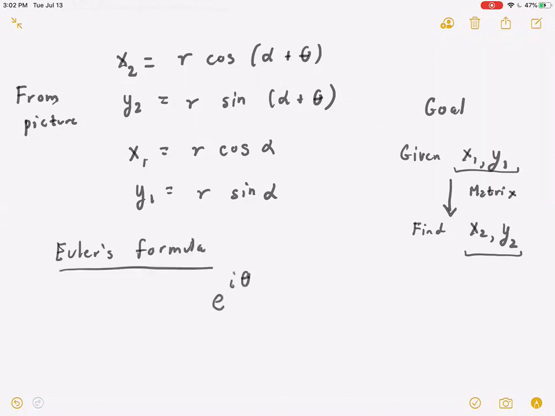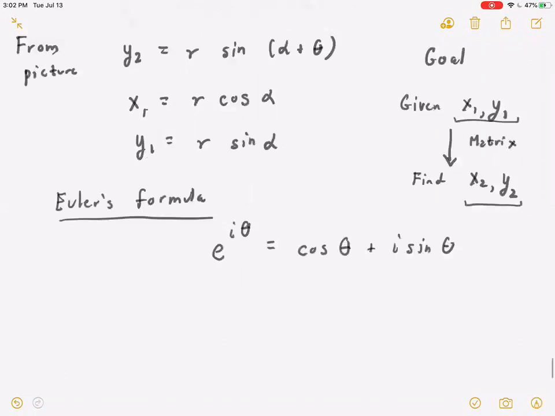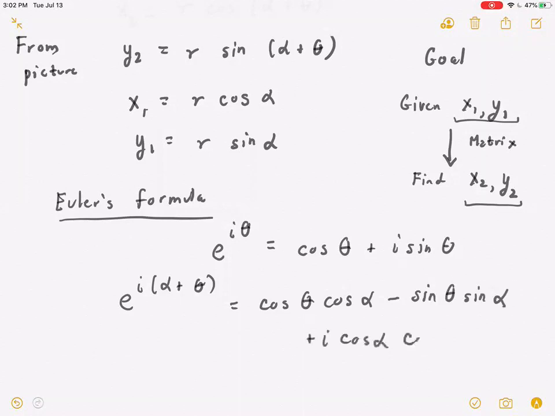E to the I theta is the cosine of theta plus I sine theta. Therefore, e to the I alpha plus theta is going to equal the cosine of theta, cosine of alpha, minus the sine of theta times the sine of alpha, plus I times the cosine of alpha times the sine of theta, plus I times the sine of alpha times the cosine of theta.